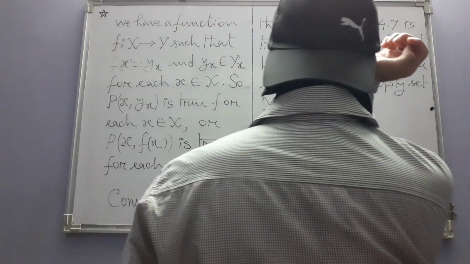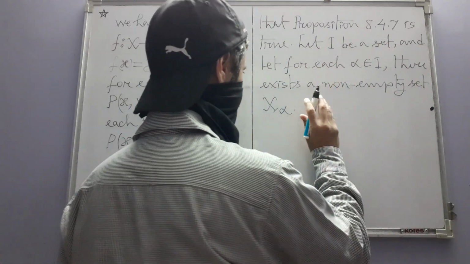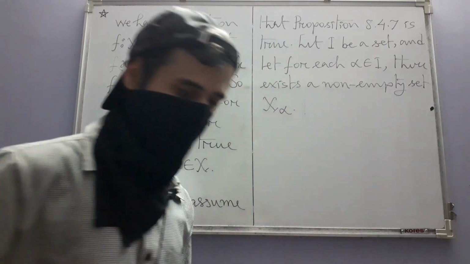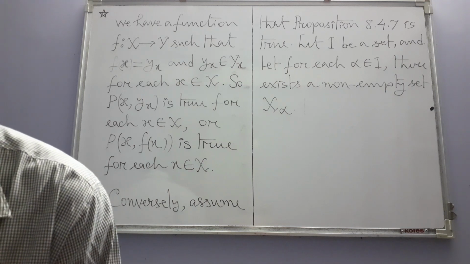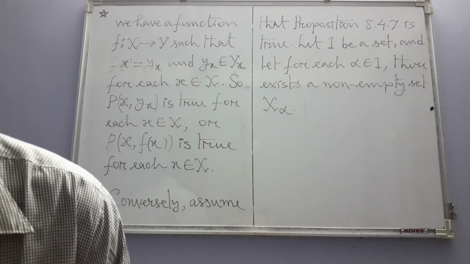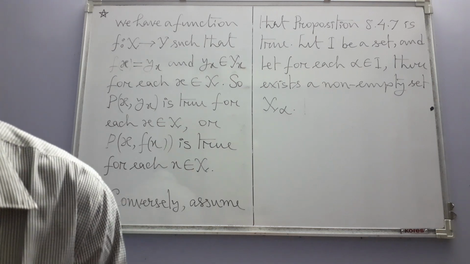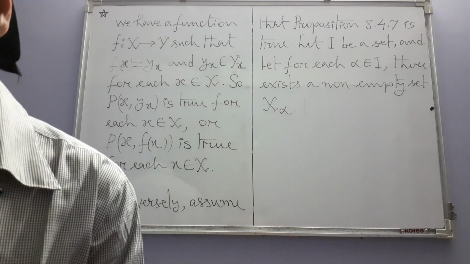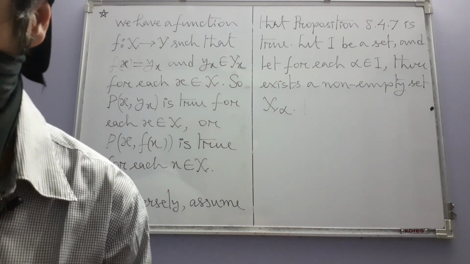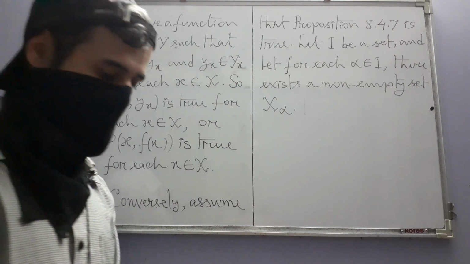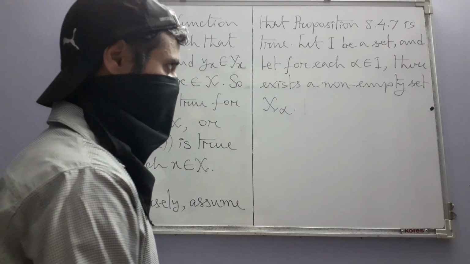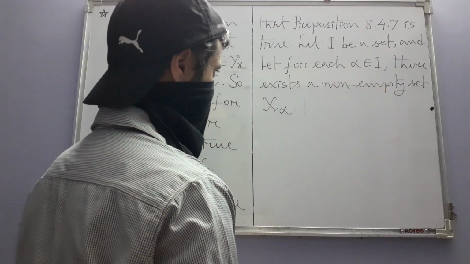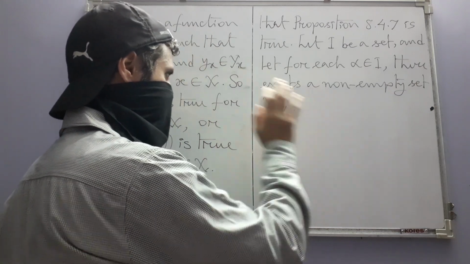So what are our sets X and Y in this case? The X in this case, we are going to take I as X, and for Y we are going to take the union of these sets X alpha.